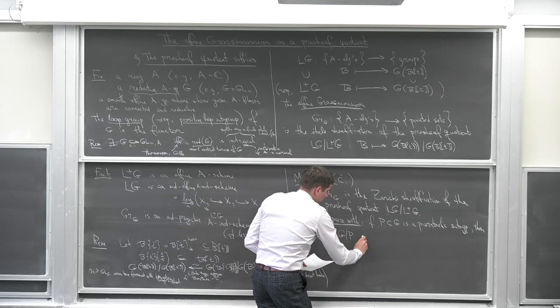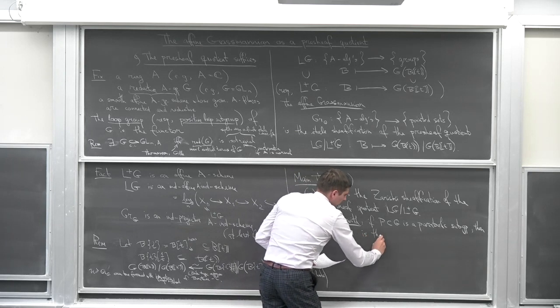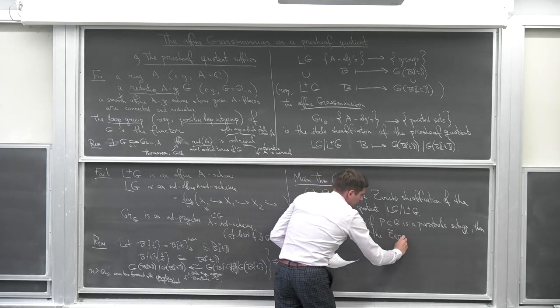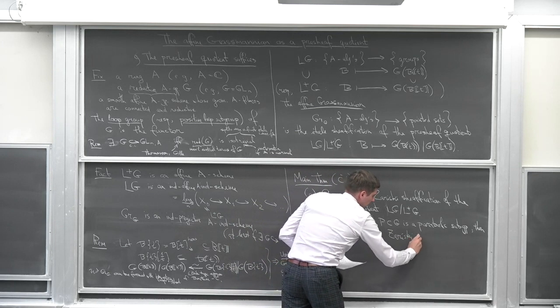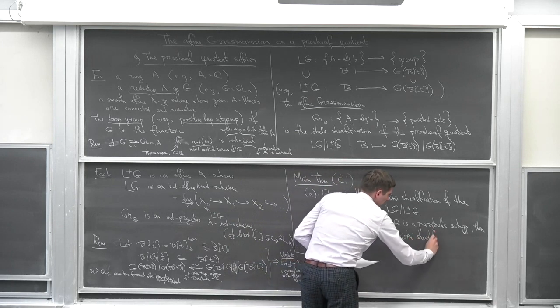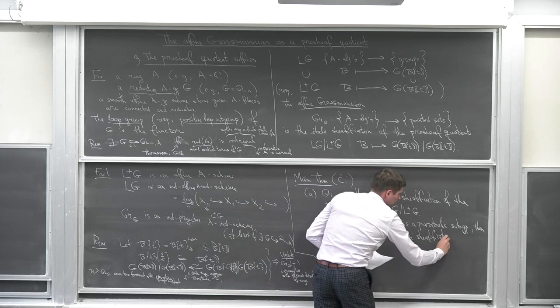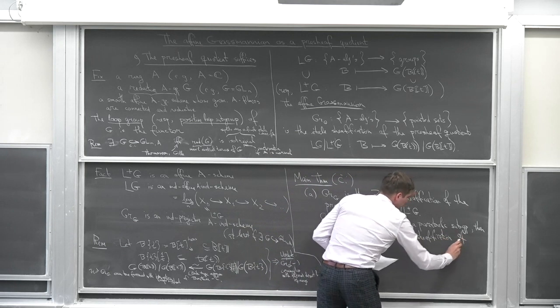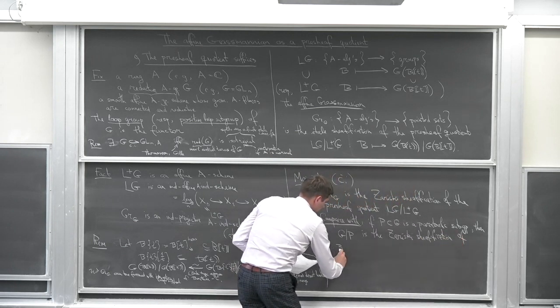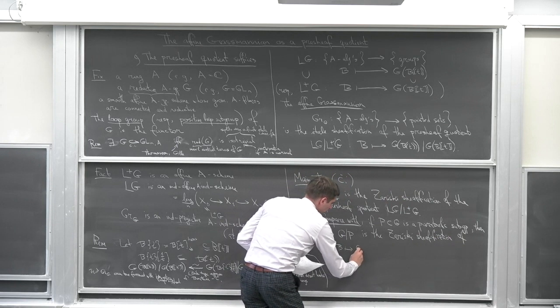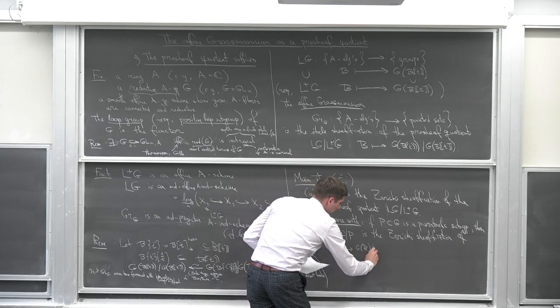This quotient is just the Zariski sheafification of the functor B goes to G(B) modulo P(B).